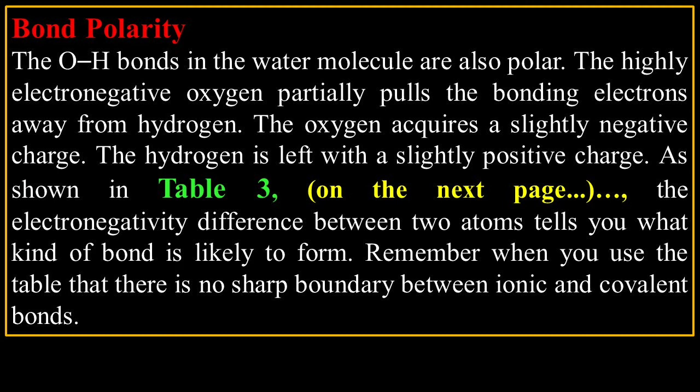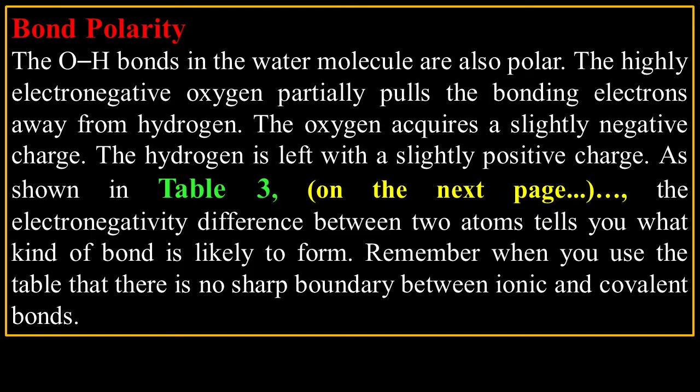The electronegativity difference between two atoms tells you what kind of bond is likely to form. Remember, when you use the table, that there is no sharp boundary between ionic and covalent bonds. So the greater the difference in electronegativity, the more polar or ionic the bond will be.